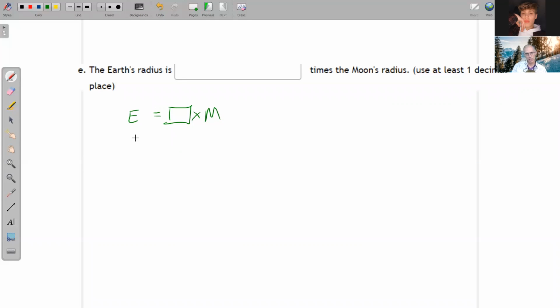Okay, so we have to figure out what multiple we would multiply the moon by to get the Earth. Well, we just divide the moon to the other side. To figure out what that multiple is, we just take Earth divided by moon. So we just calculated the Earth's radius is 6,403.8. We were given the moon's radius of 1,738. I have to double check those two.